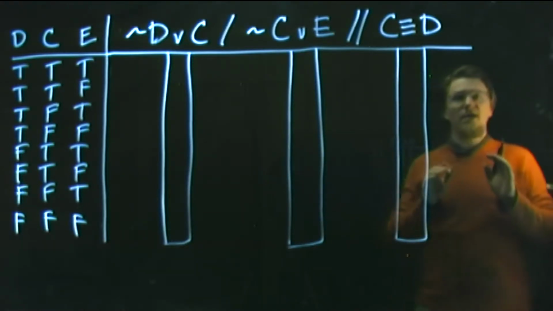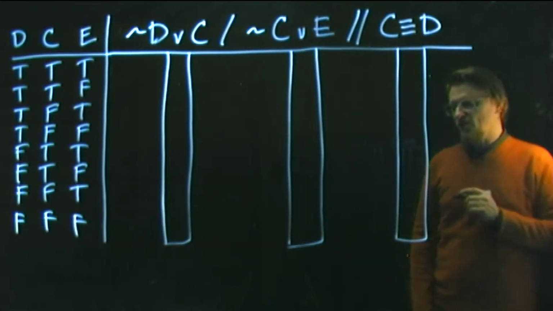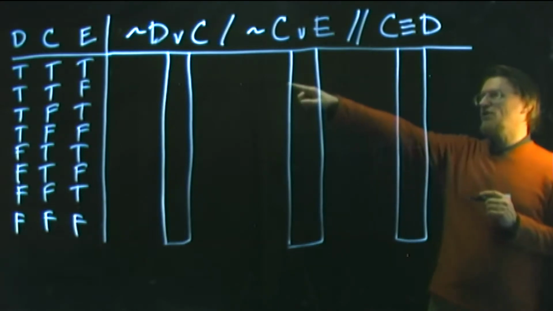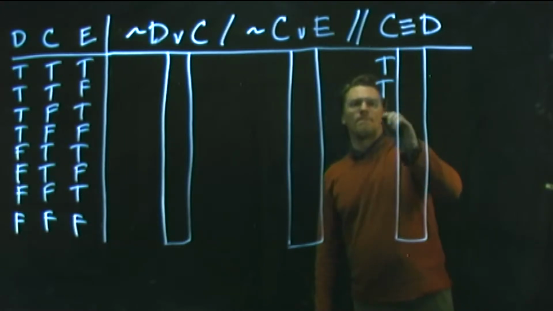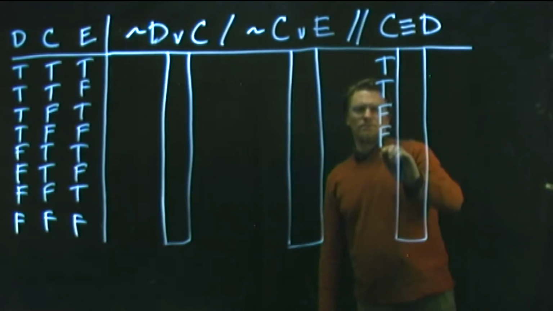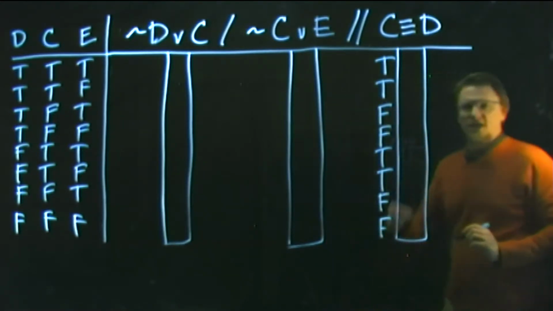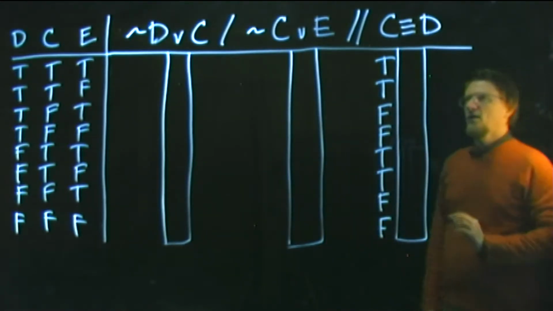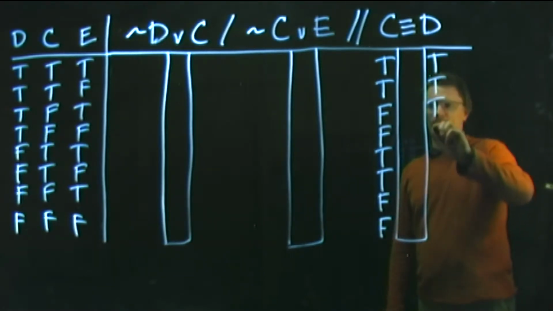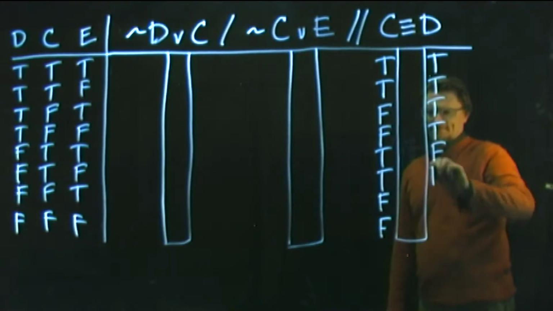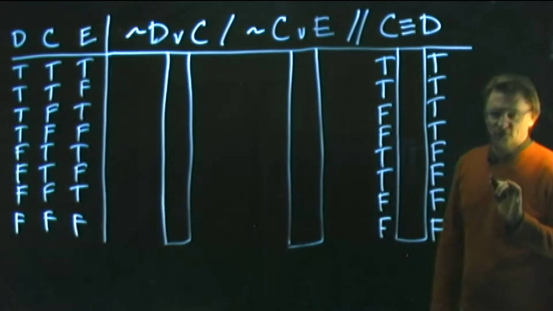And I'll explain why after we go ahead and work out that main operator column for this statement in the conclusion. So we're looking at C and D here. Just note that C is in the middle column of information there. So we get true, true, false, false, and so on. And then D was the first column, so we'll get 4 trues and 4 falses there.